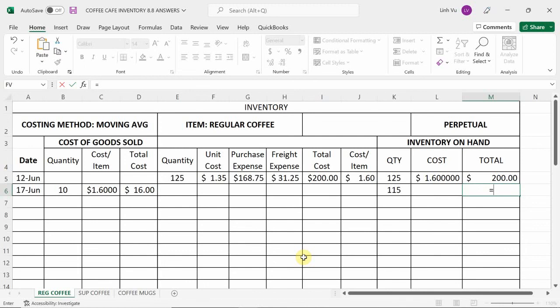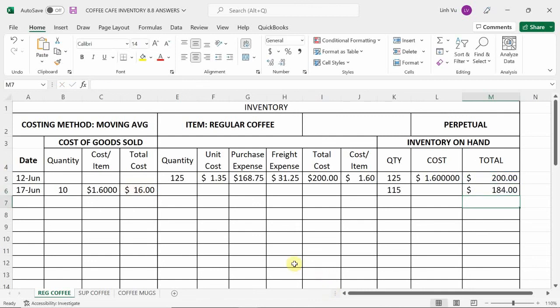So I need to figure out what my total cost is, right? Because if I started out with $200 and I just sold $16, how much is my total cost? How much do I have left in inventory? Right now you've got 115 left in inventory. That's my pounds, but I'm talking about cost. If I start out with $200 worth of regular coffee and I just sold $16, how much should I have left in my inventory? 184.